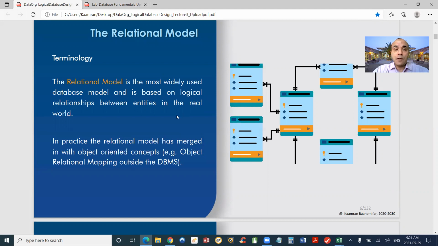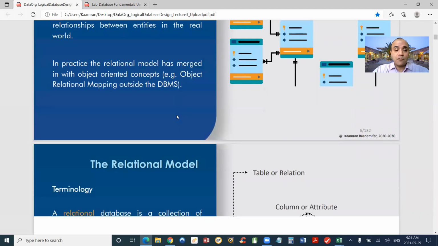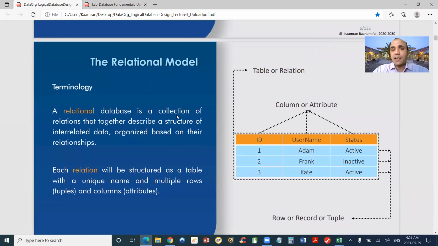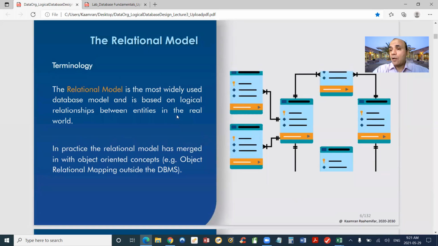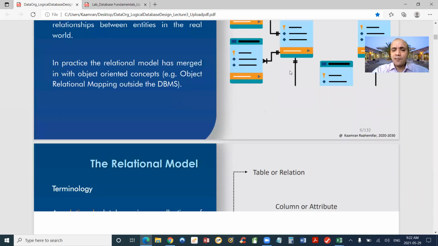And what we talked about is that each of those collections of attributes and entities could potentially translate to a spreadsheet. So let's take a look at the spreadsheet.